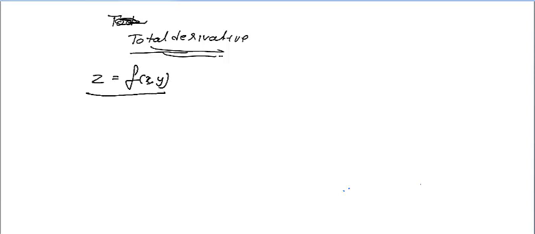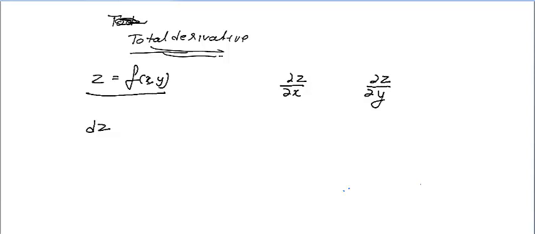Okay, and you know that if you find the derivative of z with respect to x, it will be a partial derivative. If you find the derivative of z with respect to y, it will be a partial derivative. Everybody knows that. So if you want to find out the total derivative, with respect to which variable it is not clear. Just we will write the total derivative.